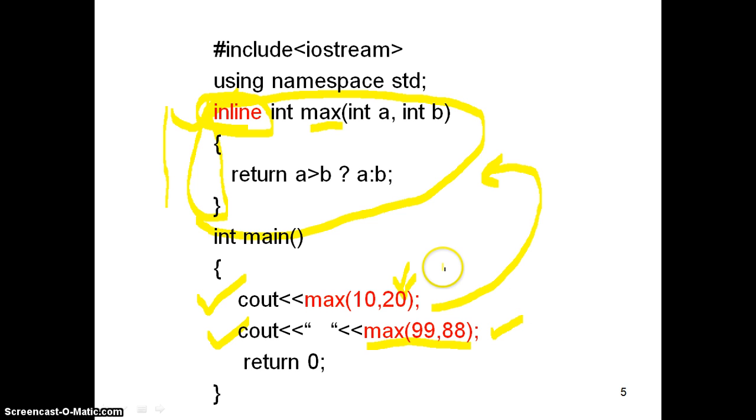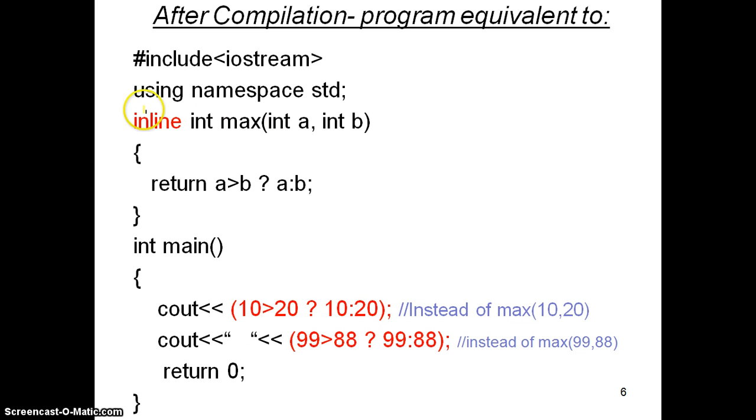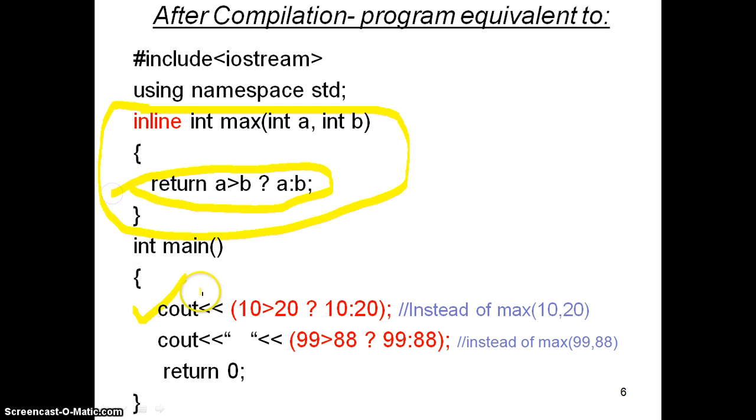How does it look? It is the same program we have done here. See, this is our inline function, and here I call my function. Whenever we call the function, the definition we have written is executed in that particular line only.